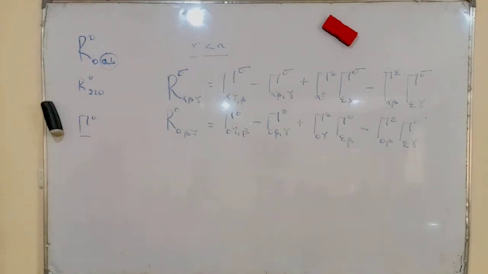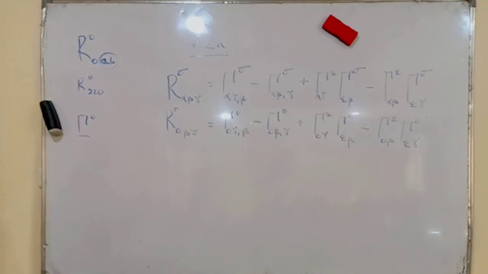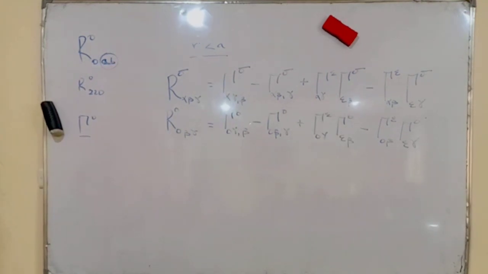To eliminate the first two terms, because the first two terms have 0 up. So we'll come back to our gammas.